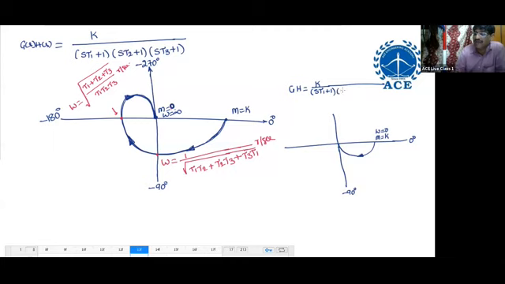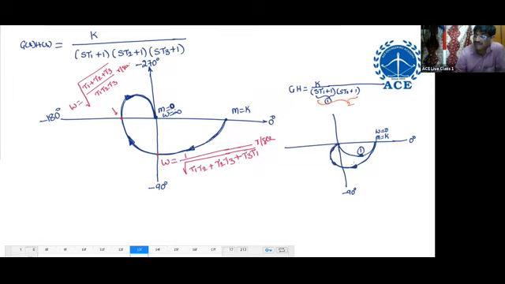In case I take two finite poles, this is for 1. If I take two finite poles, then it starts here and then ends at minus 180.